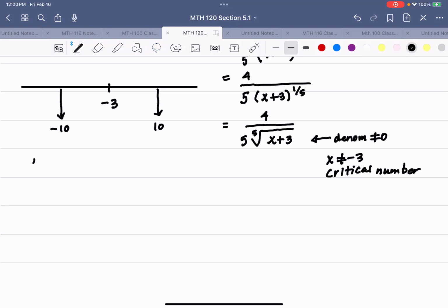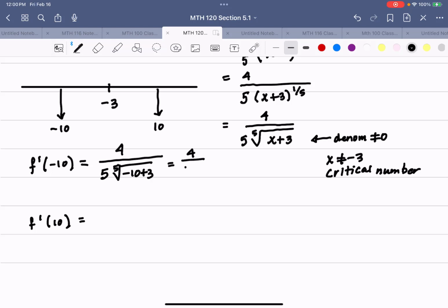So now I will test my derivative, f prime at negative 10 and f prime at positive 10. So when I substitute a negative 10 into 4 divided by 5 times the 5th root of negative 10 plus 3, that gives me 4 over 5 times the 5th root of negative 7.